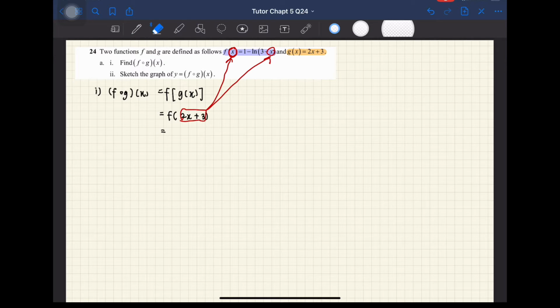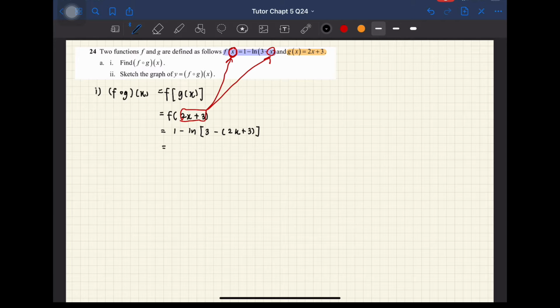Okay, so kat sini kita akan dapat 1 minus ln 3 minus 2x plus 3, macam tu. Okay, so saya buat bracket square dulu kat luar ni. Okay, alright, settle dekat situ. Okay, so sekarang kita akan cuba simplifykan.